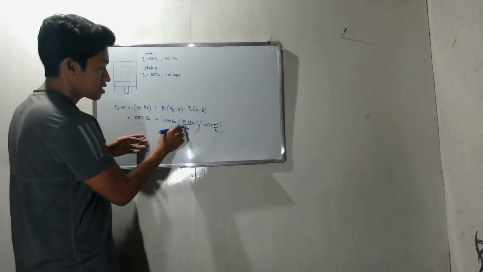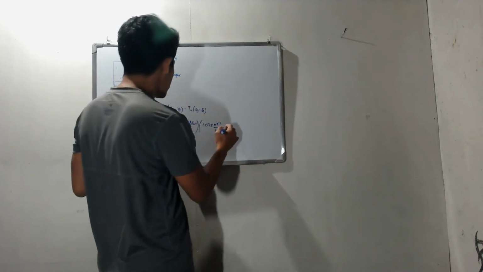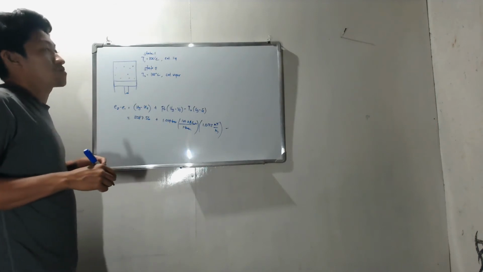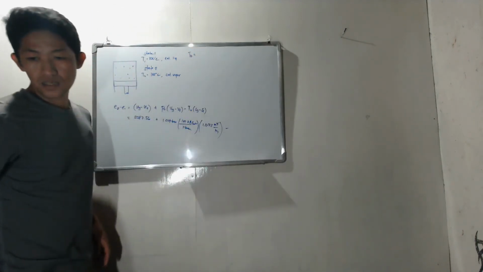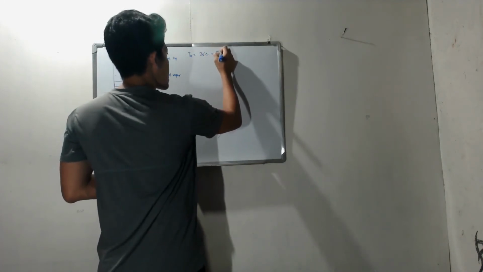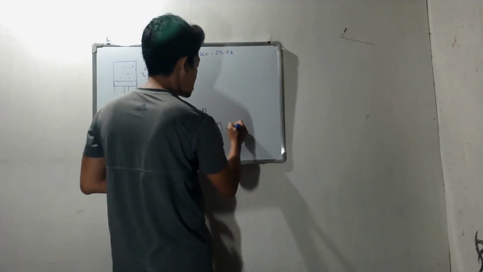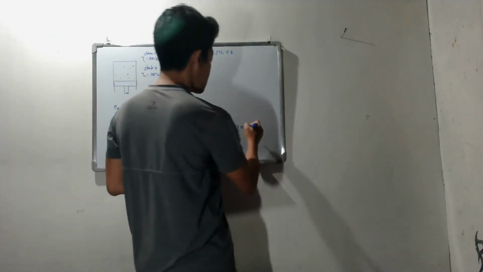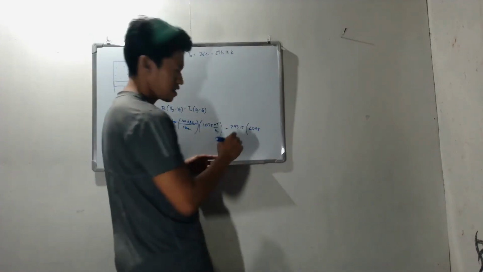Okay, so the resulting unit will be kilojoule per kilogram, minus T sub 0. 20 degrees Celsius is just 293.15 Kelvin. Okay? 293.15 times Sg minus Sf, in Kelvin.